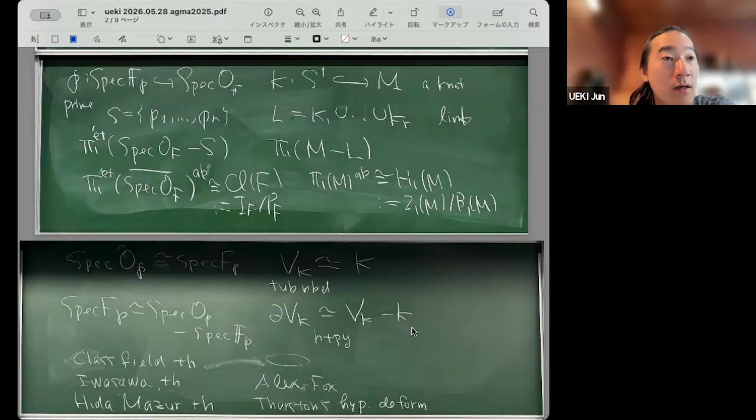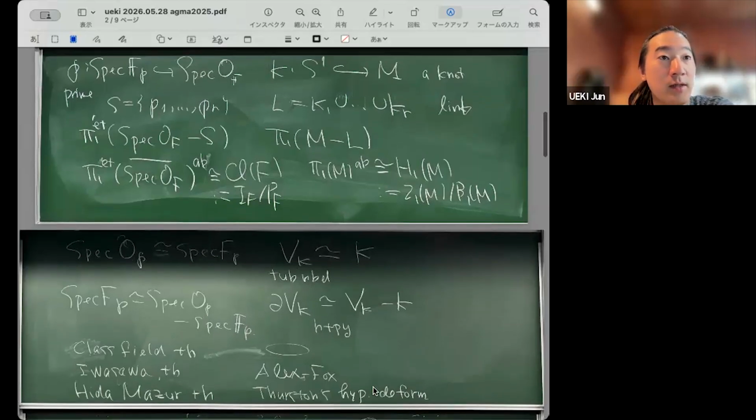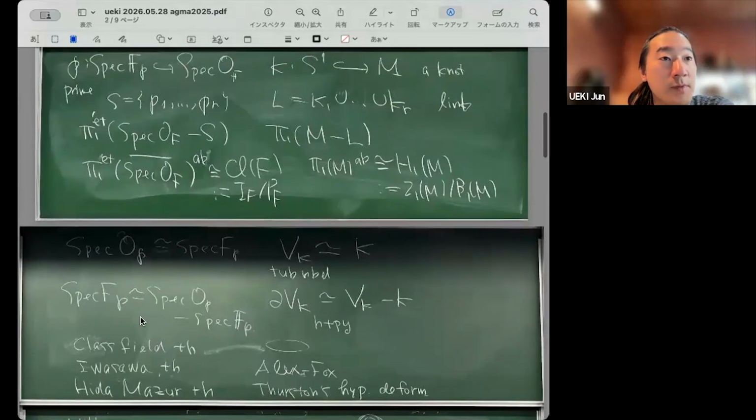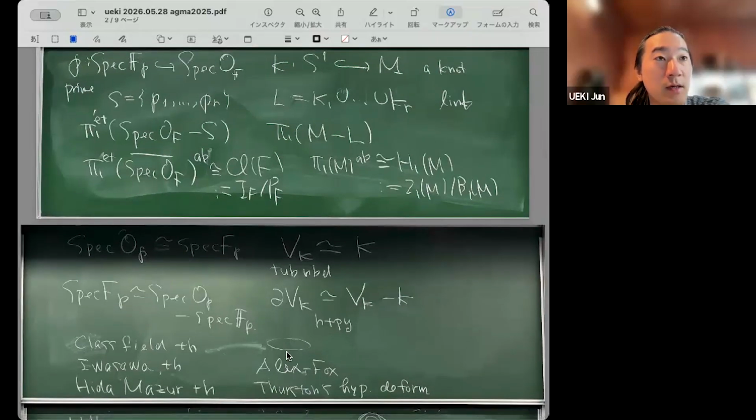We have an analog of class field theory, Iwasawa theory, Hida-Mazur theory. Especially, we have an analog of idelic class field theory that sums up all local theories to describe global abelian theory by fixing an infinite link in a 3-manifold.